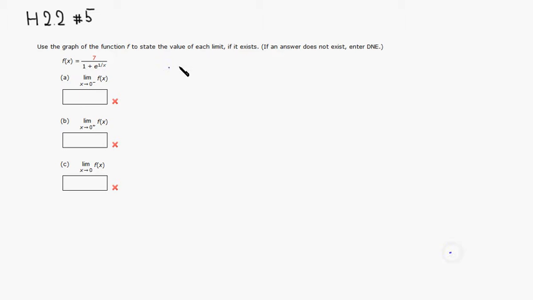So you take the limit of 7 over 1 plus e to the 1 over x as x approaches 0 from the negative side. So it's 7, and you have 1 plus e to the... here's the thing.